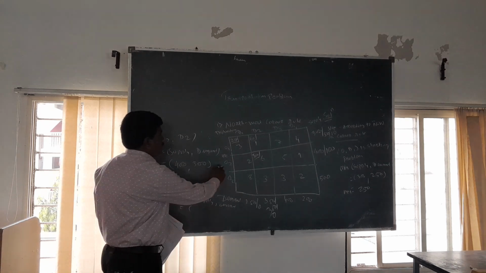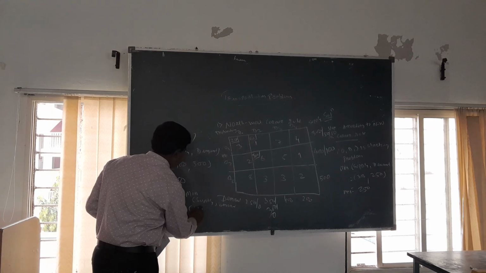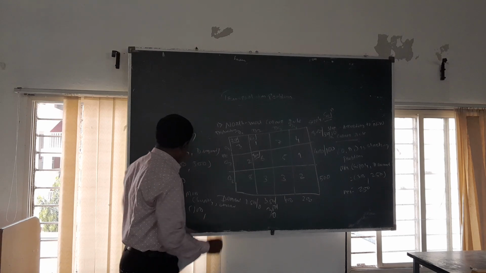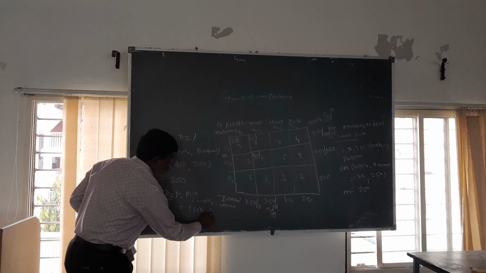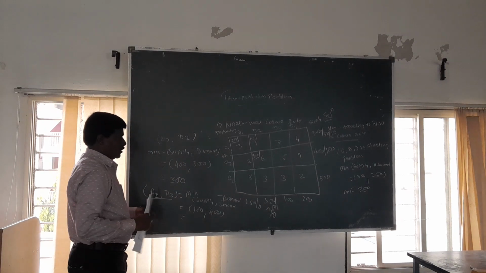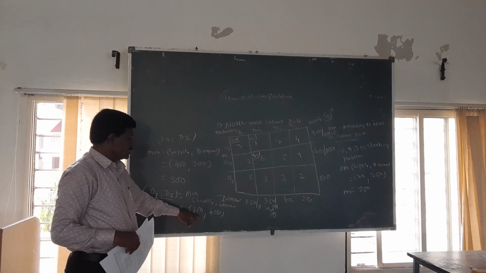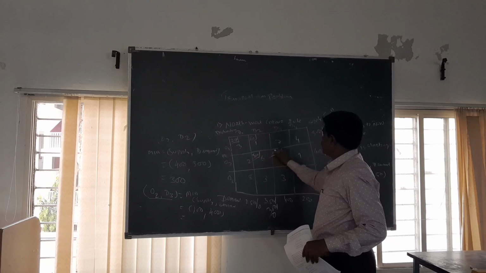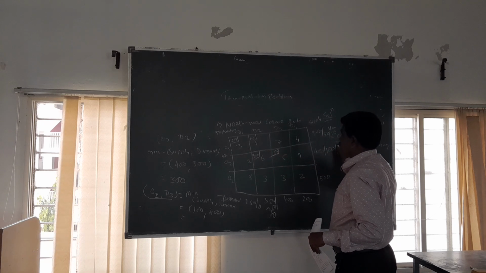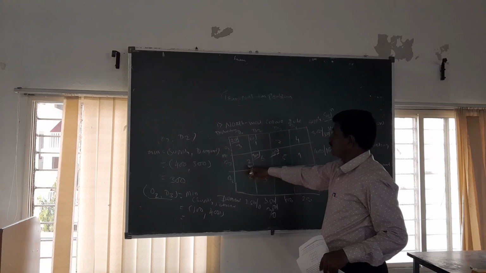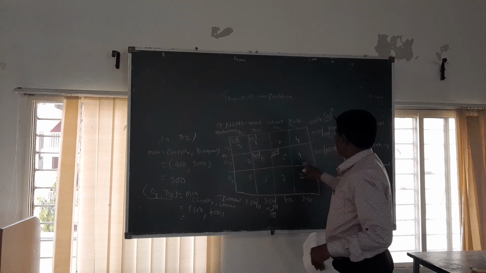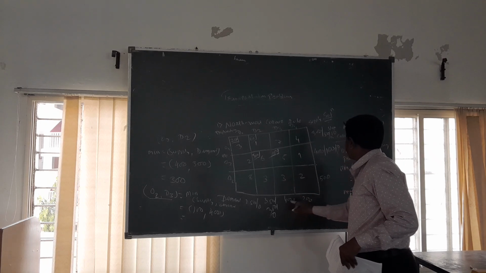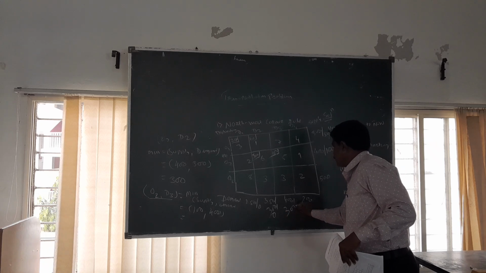The supply at the source O2 is 100 and the demand at D3 is 400, so we allocate 100 in the cell O2 D3. Then 100 minus 100 is 0, so the second row is exhausted, and 400 minus 100 is remaining 300.